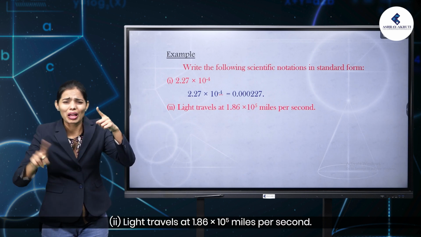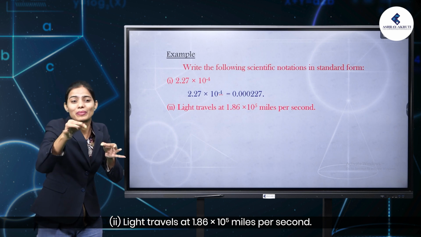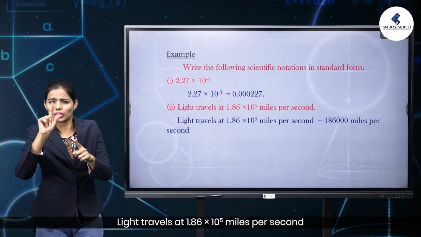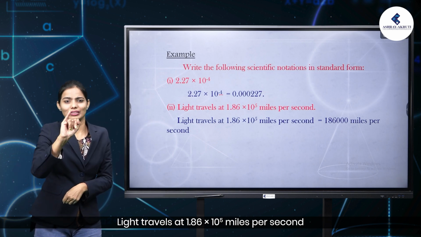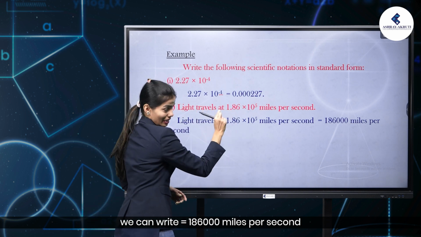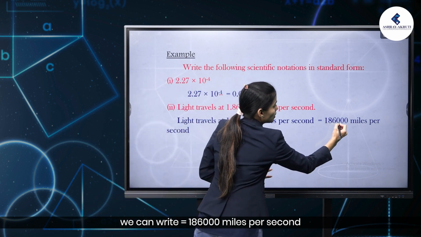Light travels at 1.86 into 10 power 5 miles per second. We can write is equal to 186,000 miles per second.